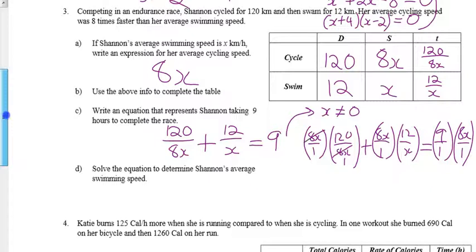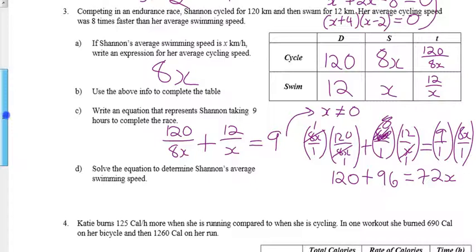This 8x and this 8x divide out. This x takes out this, leaving us with an 8 there and a 1 there. Denominators are all 1. We're left with 1 times 120 plus 8 times 12, which is 96, is equal to 9 times 8x, or 72x.